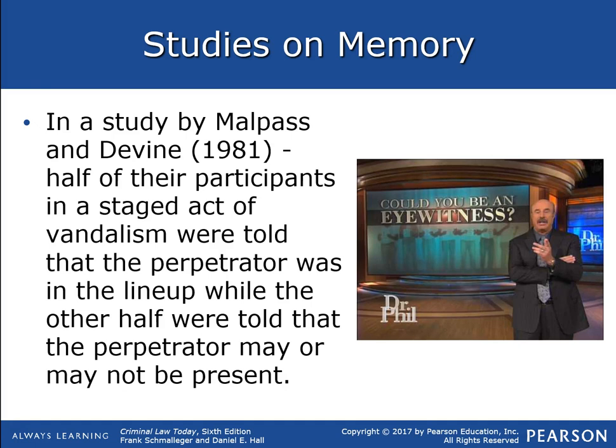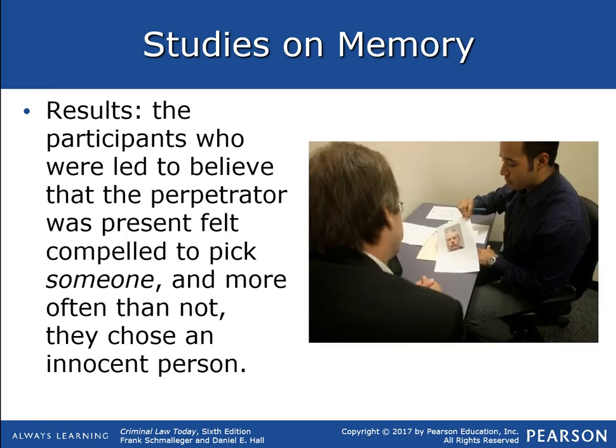And in a study done by Malpass and Devine in 1981, half of their participants in a staged act of vandalism were told that the suspect was in the lineup, while the other half were told that the suspect may or may not be present. Now you're probably wondering what happened.